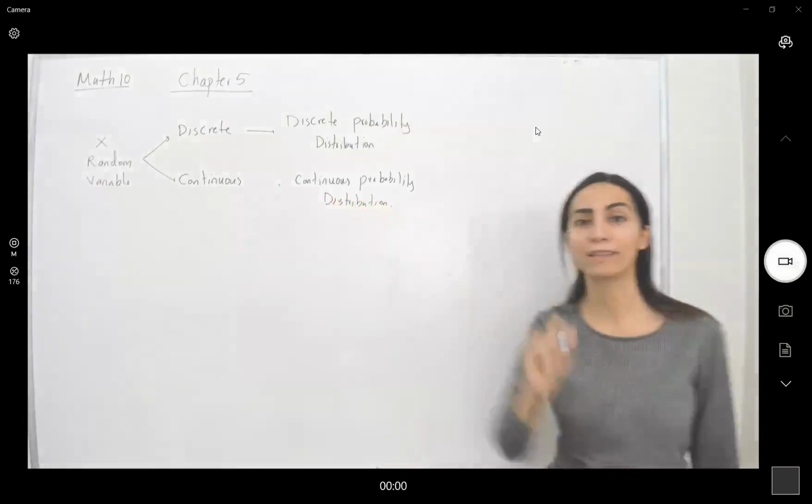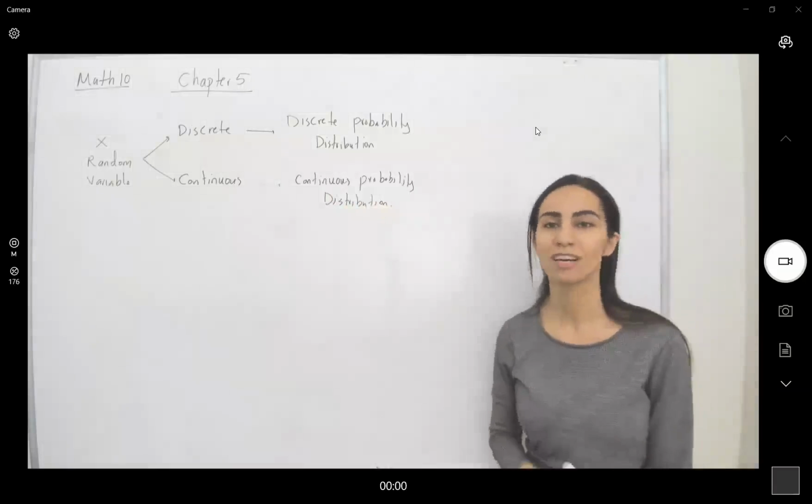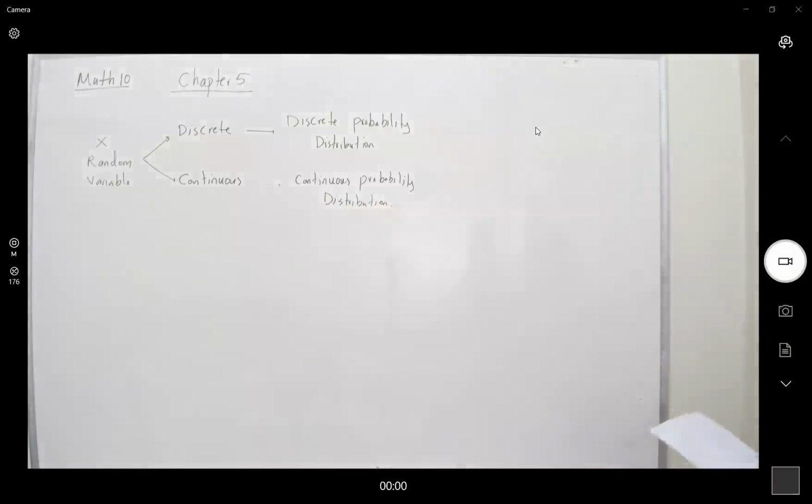One of the important continuous probability distributions is called a normal distribution. So very well, today we're going to talk about a normal distribution.